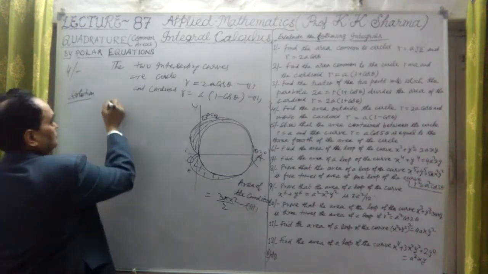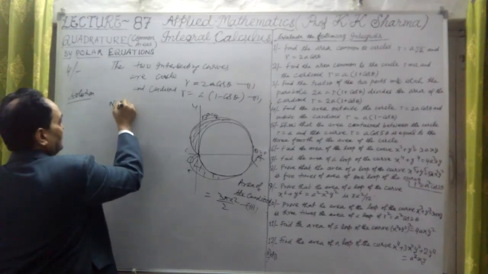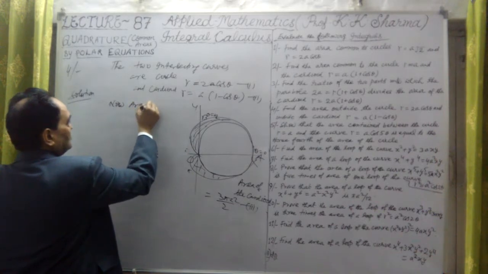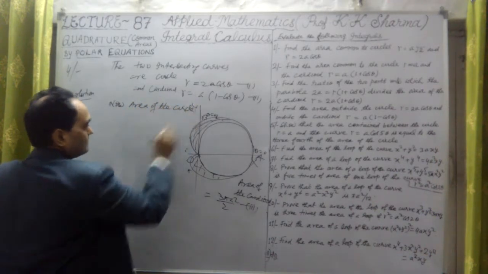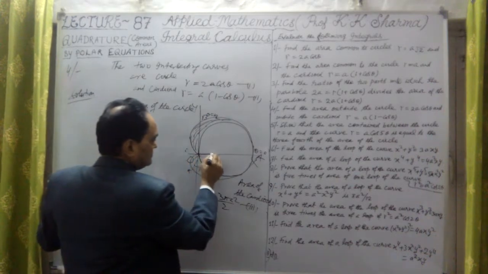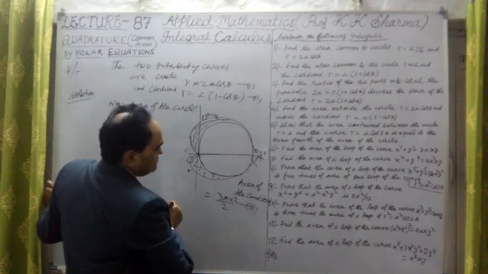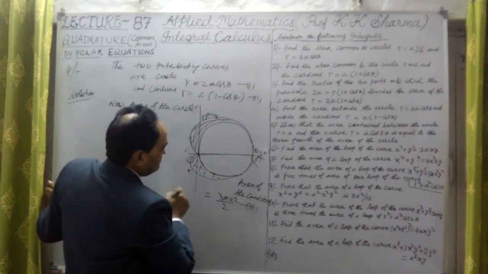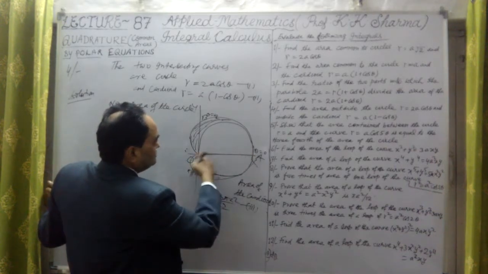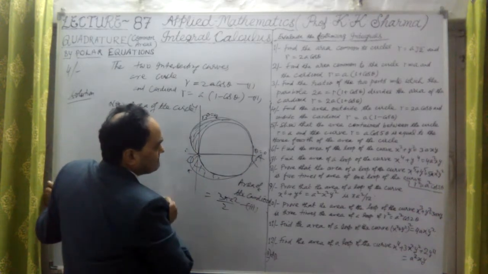Okay, now area of the circle. Again, so this is this area. Okay, 0 to pi here also, limit people substitute and twice of that. Here also 0 to pi total area.